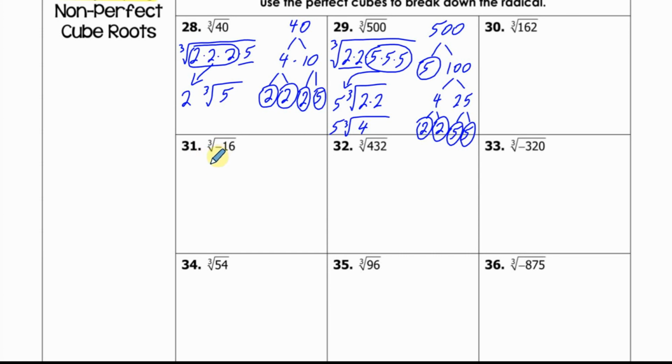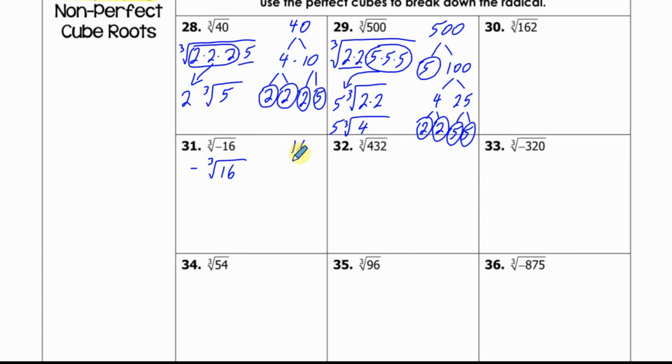So you guys may find other ways that you like to do this, but I've found the best thing for students is if you're doing the cube root of a negative, is just to pull the negative out front and then deal with the cube root of 16. It makes all work simpler because now you don't have to worry about any positives versus negatives. Did I leave out a sign? Did I put one too many signs? It's very direct. We're just going to deal with the cube root of 16.